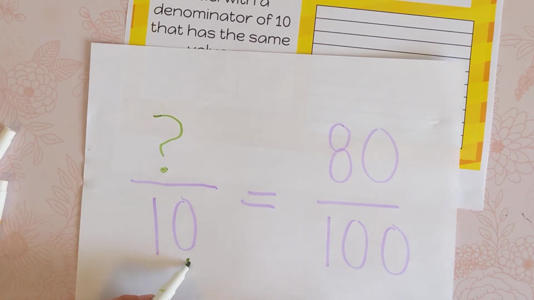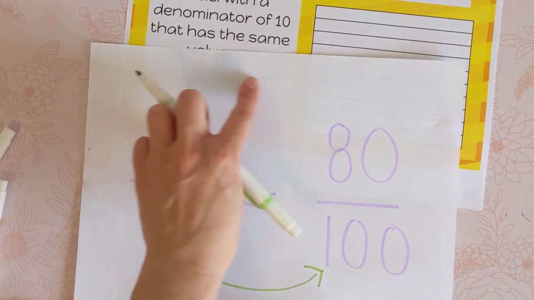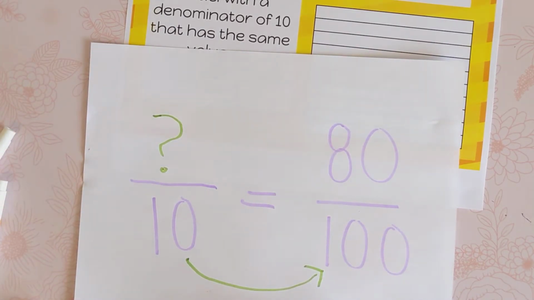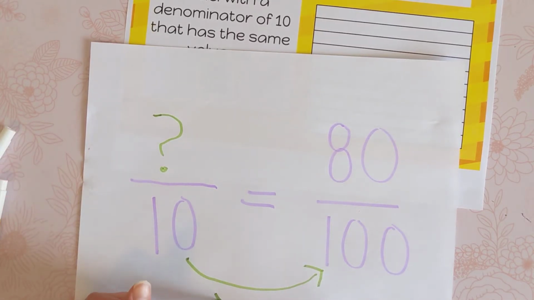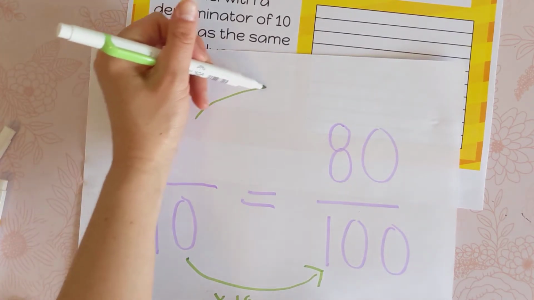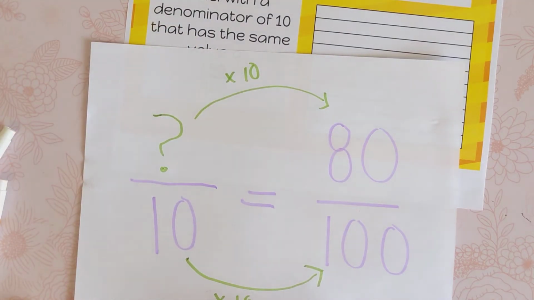So you have to think about, how did this 10 turn into 100? Because whatever this did, we have to do it up here, right? So 10 times 10 equals 100, which means this times 10 equals 80.